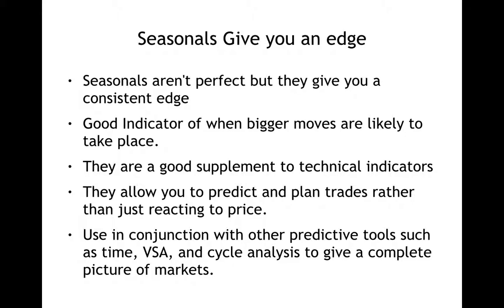Then I add things like volume spread analysis and cycle analysis and time-based analysis, and this really gives me a complete picture of what the markets are likely to do. And again, bear in mind that these indicators are all uncorrelated, unlike price indicators, which are all correlated.